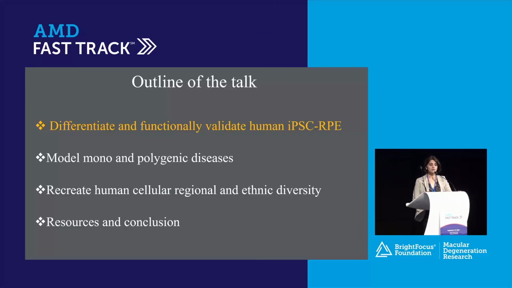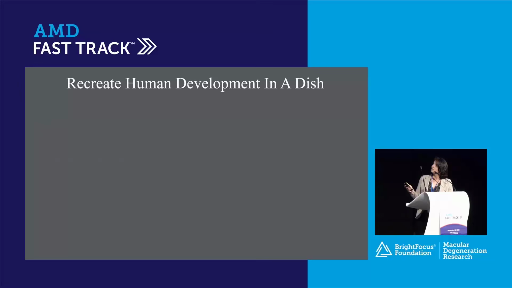Then I will use some examples from the lab work to show how you can model disease. I am going to be off track of AMD, but I think I'll give a reason why I'm showing this IRD. And then I'm going to talk about the next two steps, which are the regional heterogeneity and the resources, in conclusion.